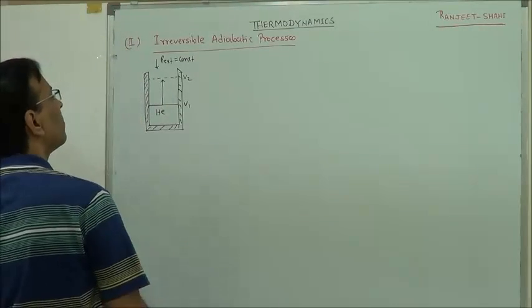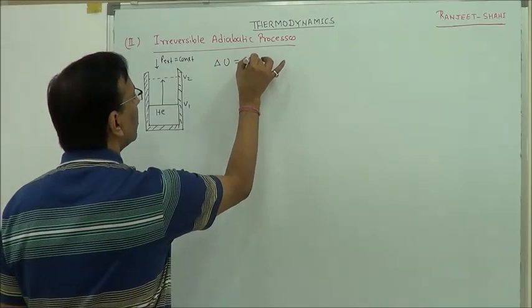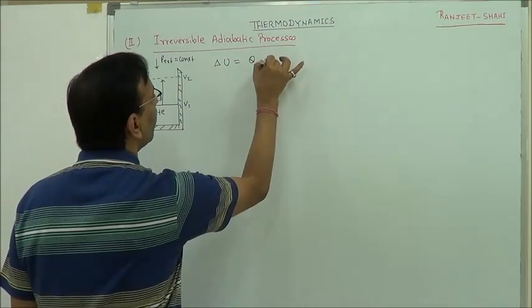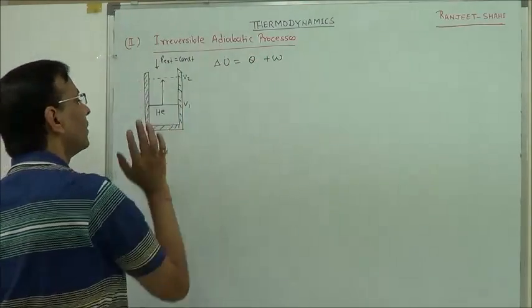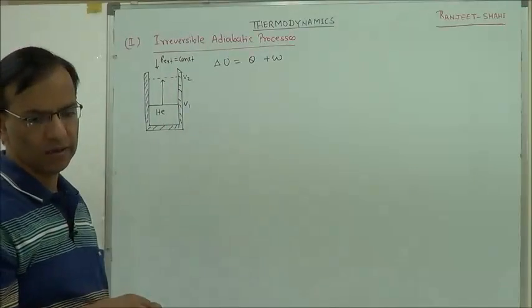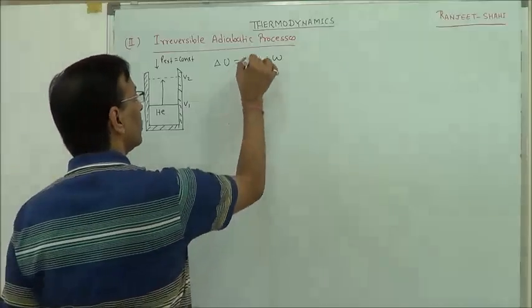So if we write the first law, delta U will be equal to Q plus W. Since the process is adiabatic, no matter how the change is occurring, Q is always 0.